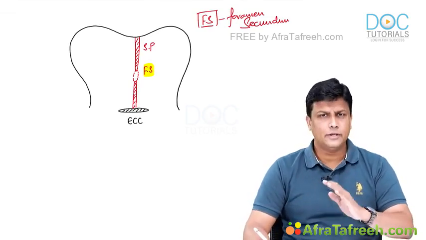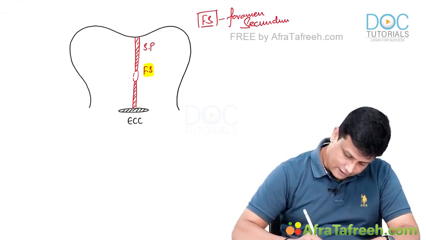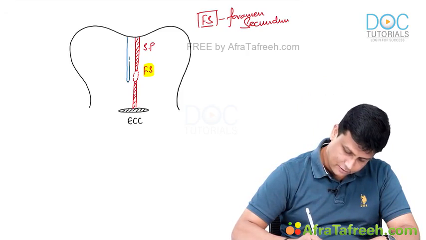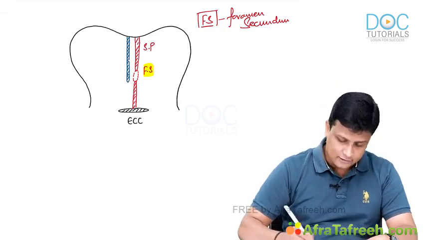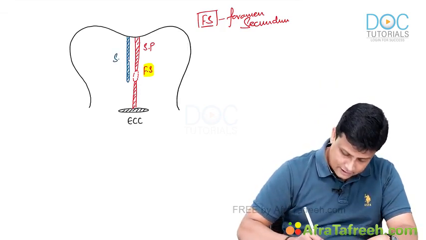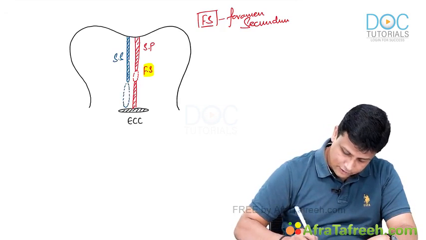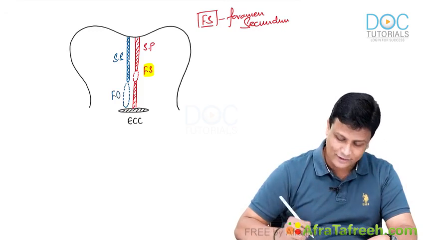Now what is going to happen? Just adjacent to this septum, there is a formation of one more septum here, and that septum, again the same story, it's going to descend down, but it is not going to merge. It's not going to meet with the endocardial cushion. That septum is septum secundum, and in this septum again the same thing. There will be one opening over here, and this foramen is referred to as foramen ovale.